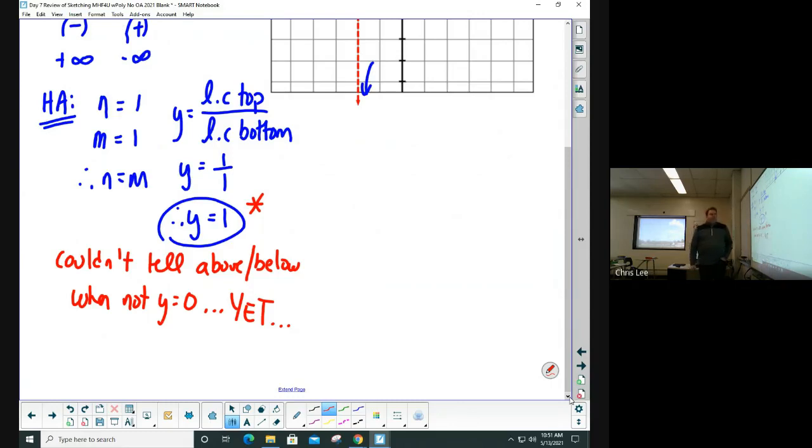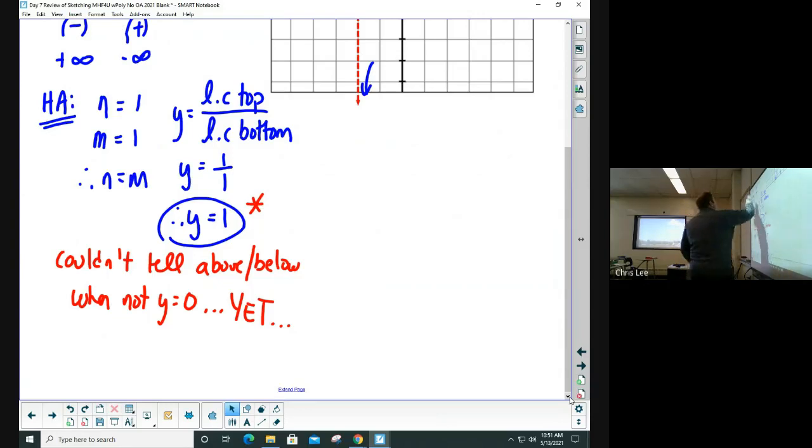In September, when we were doing these, we couldn't tell whether it was above or below when it wasn't at 0. When it was 0, we would plug in positive and negative infinity. But here we can't yet. Again, I'm going to show you a way that we can do that. We didn't do it before, but we can do it now.